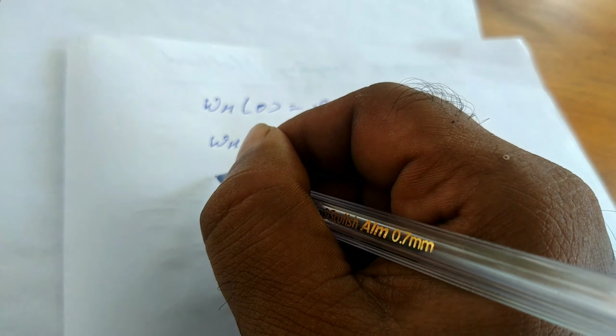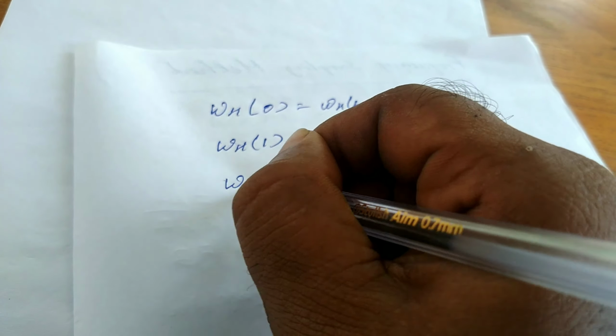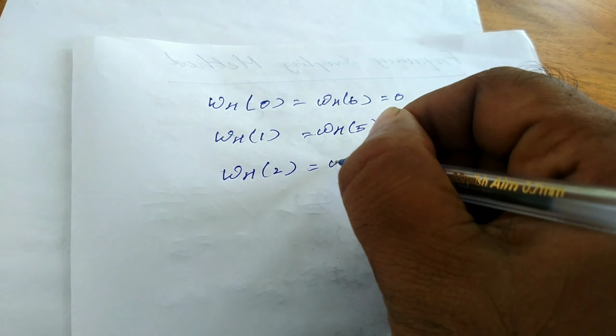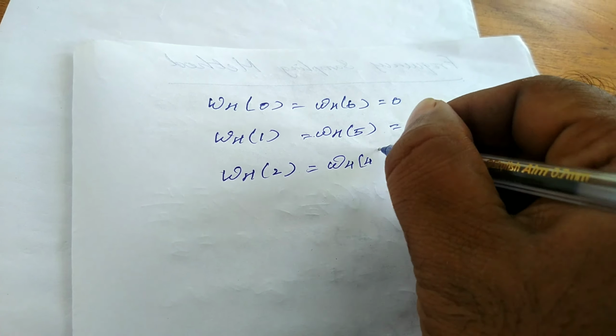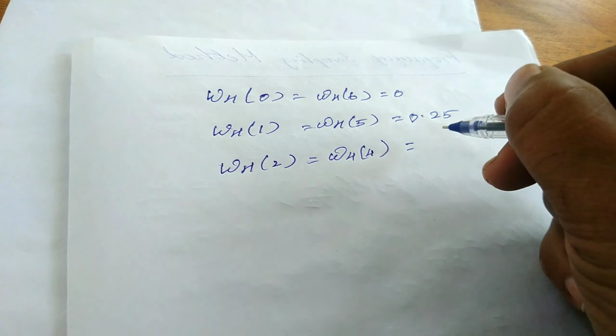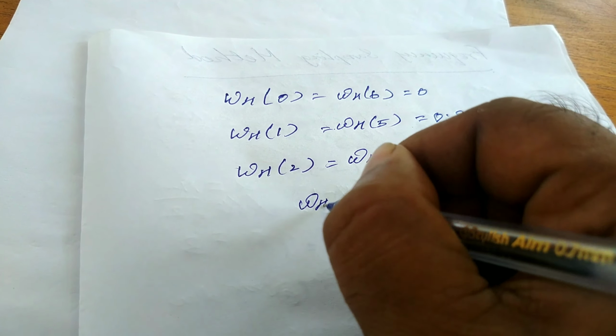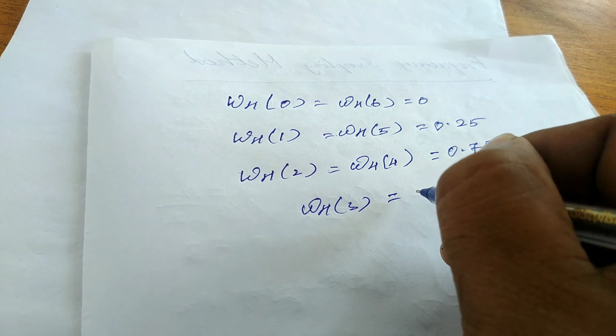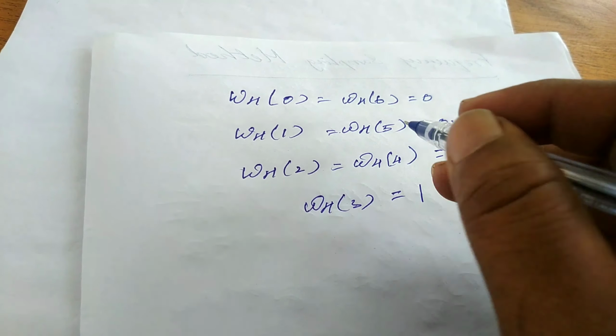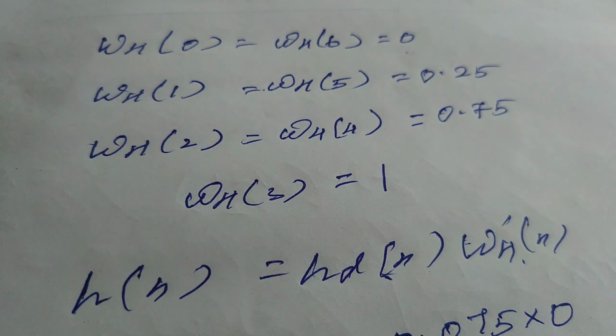The next one, wh of 2 equal to wh of 4, which is equal to 0.75. And wh of 3 is equal to 1. So these are the shifted sequences.